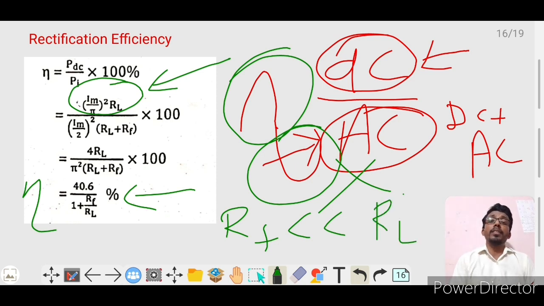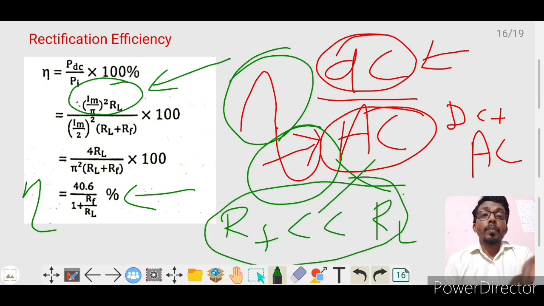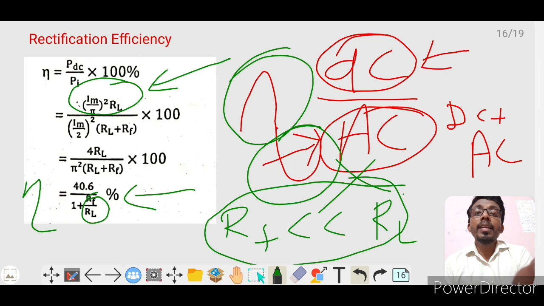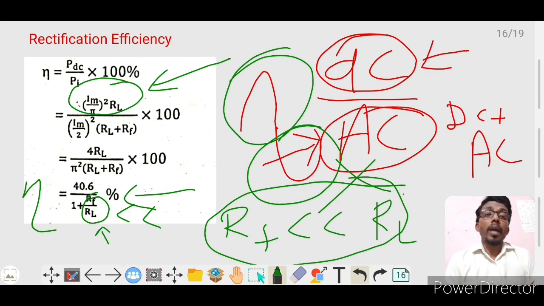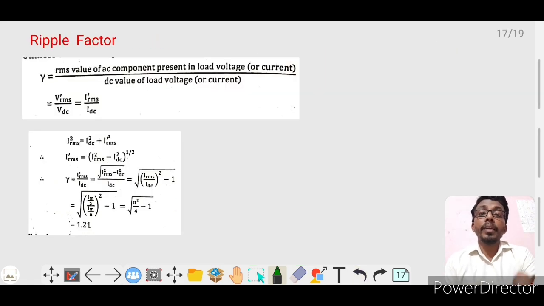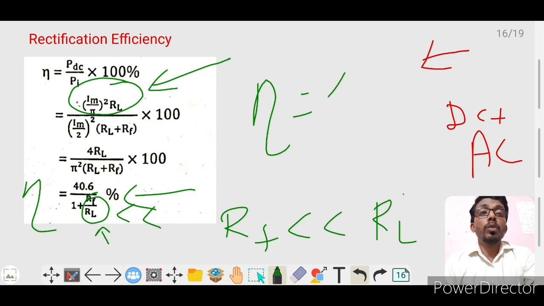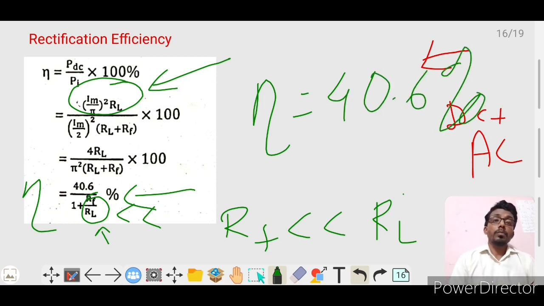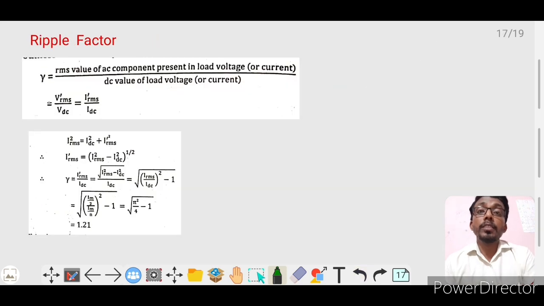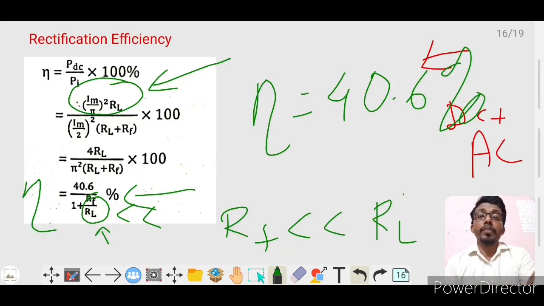Mostly it is very less than RL, and in this situation this term becomes very small, so we can neglect it, and what we get is eta equals 40.6%. So this is the efficiency of the half wave rectifier.